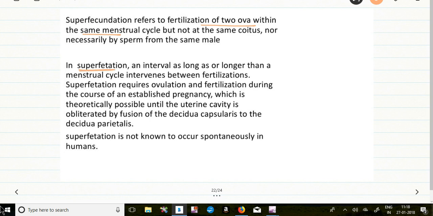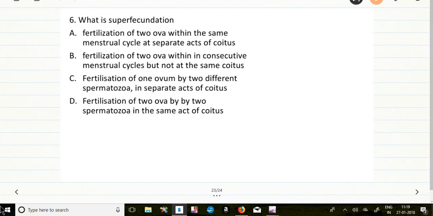Superfetation, theoretically, before the uterine cavity has got obliterated with the baby, you have space for implantation of another oocyte. That is superfetation. There's a difference of at least one menstrual cycle. Superfetation is not known to occur spontaneously in human beings. So your answer here is fertilization of two ova within the same menstrual cycle at separate acts of coitus.